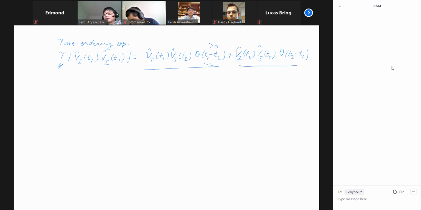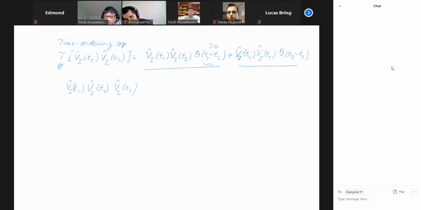Now we see that for the higher order terms, we can do similar things. Say we have the third order terms, so there will be three times, V(t1), V(t2), V(t3).